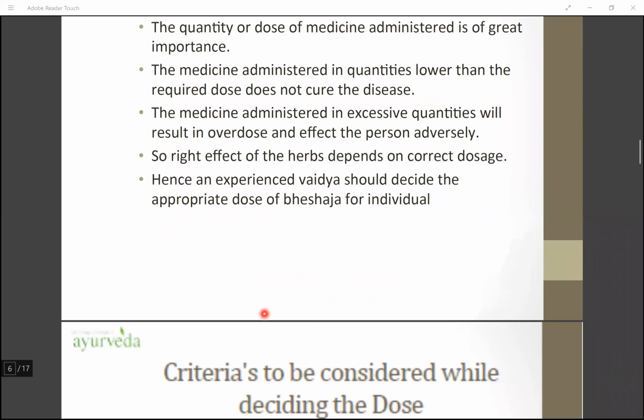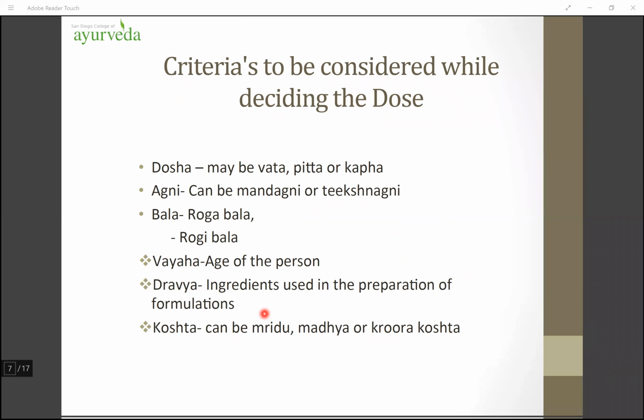That is something that you have to keep in mind. So what would be the criteria that you consider before you decide the dosage of a particular medicine?